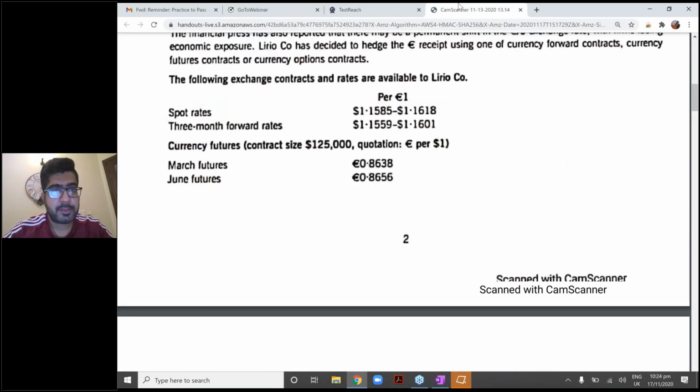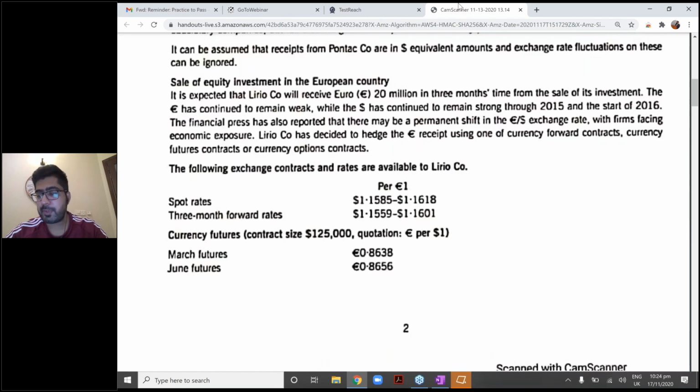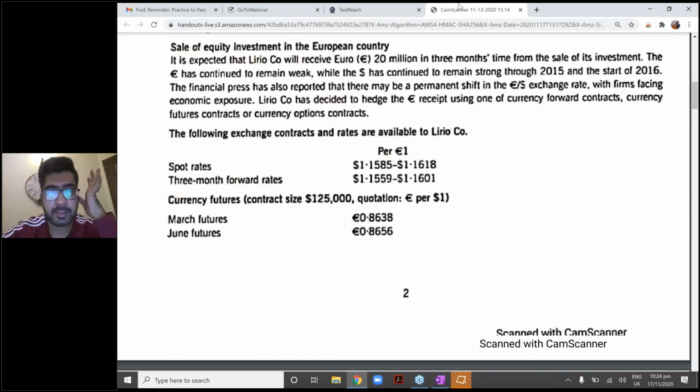I am repeating this sale of equity investment part again. When you read the whole question, there was only dollar given, so we wrote that area of currency is the dollar. Then you were given data for 1st March 2016 as today's date.